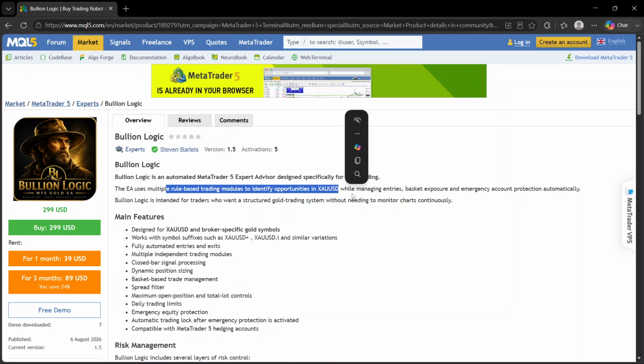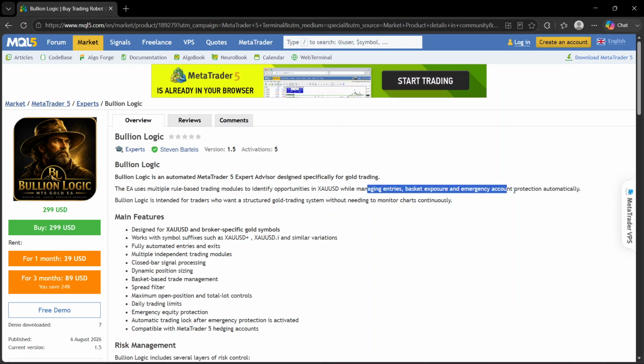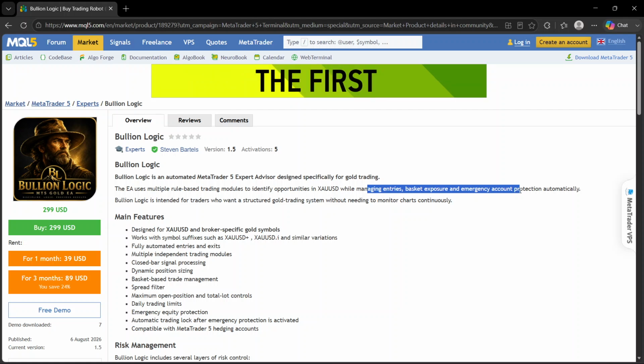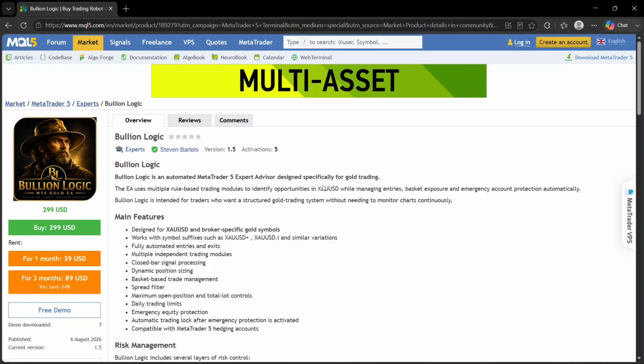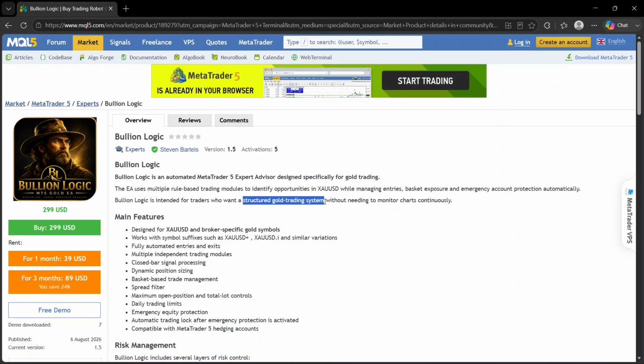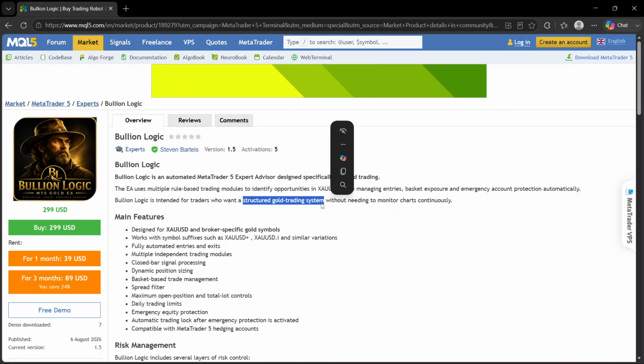It handles entries, manages basket exposure, and has emergency account protection built in. The idea is you don't have to sit and watch charts all day, and it is made for traders who want a structured gold trading system that just runs.